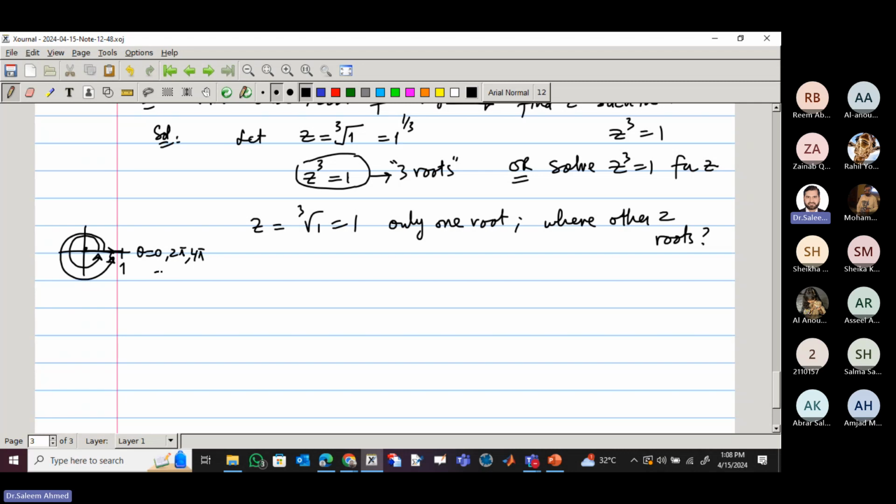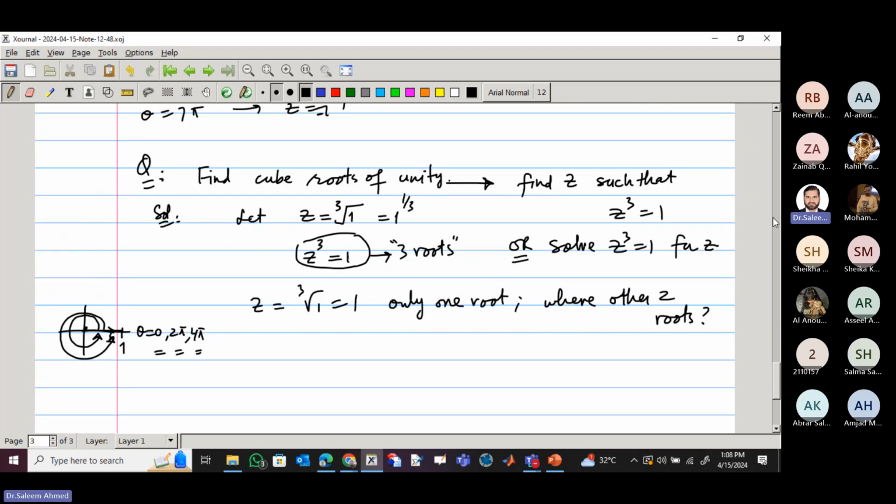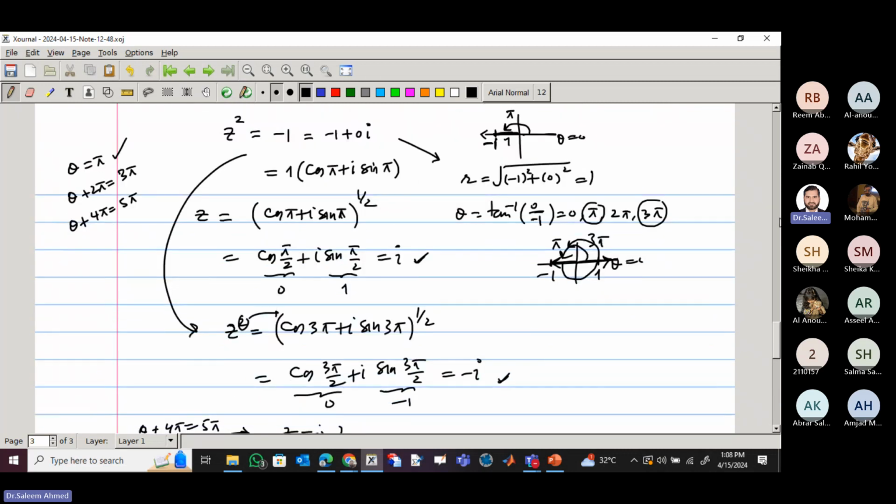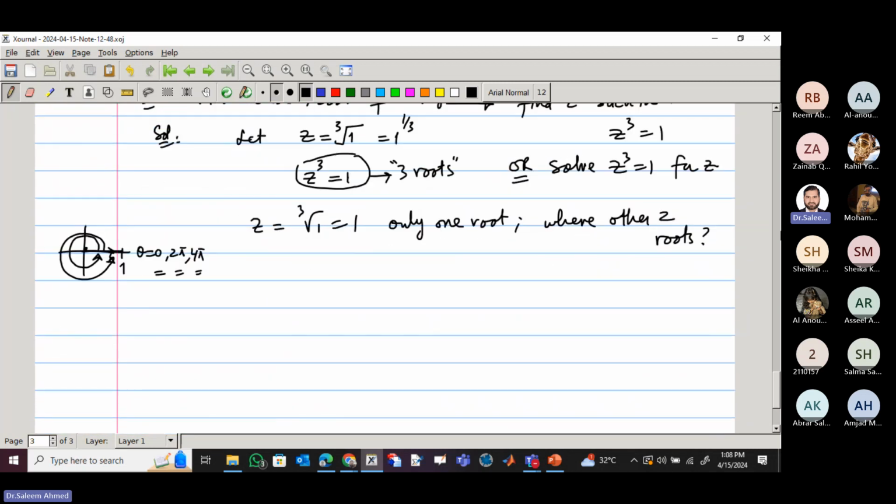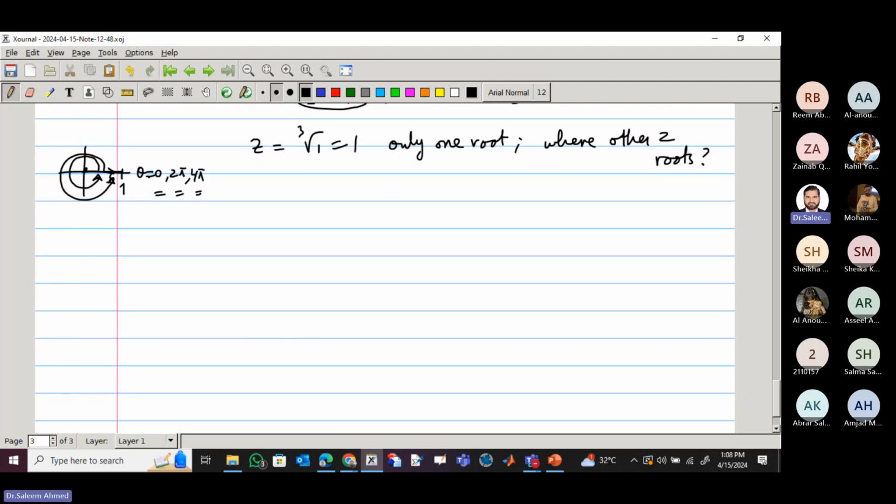And why are only 3 values enough? Here I took 2 values only. In the previous example, we only took pi and 3 pi, only 2 values, because there were only 2 roots for the equation. Now I have 3 roots, so I will take the first 3 values: 0, 2 pi, 4 pi.